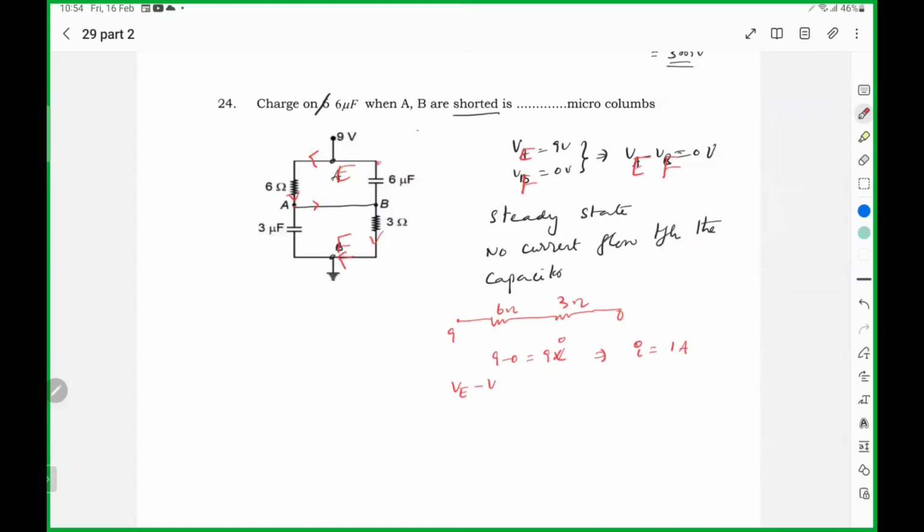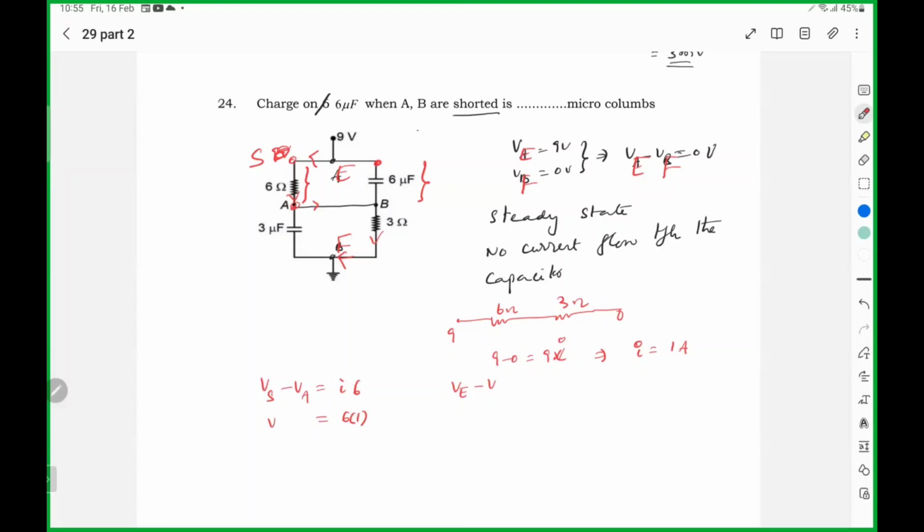Then to find charge on this capacitor 6 microfarad, we should know what is the potential difference across these 2 points. Here anyhow 9 volts because current is not flowing through this. So let me write this as Vs minus Va will be I into 6, that is 6 into 1.